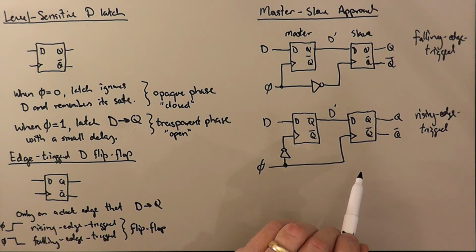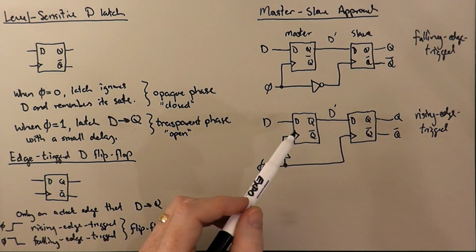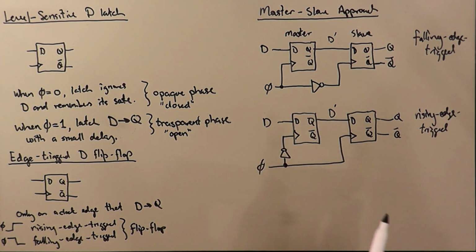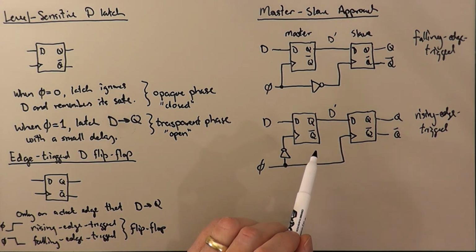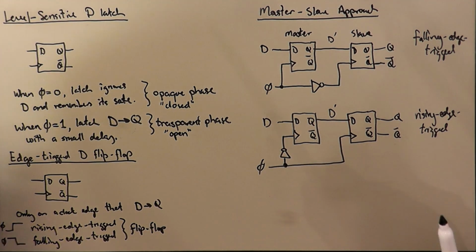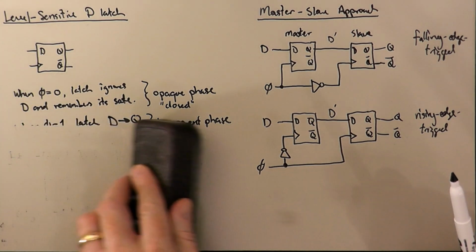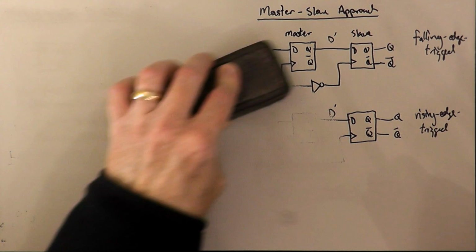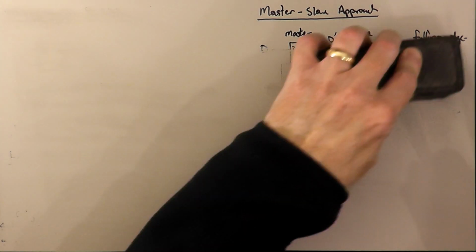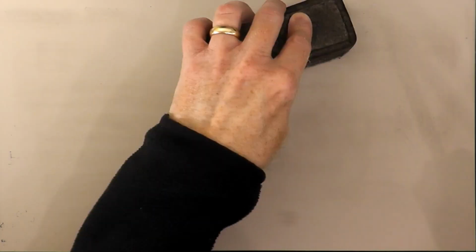Now, it's also possible to do other things. For instance, we can take our transparent latch that we talked about last time that had the cross-coupled NOR gate with the extra transistors in it for the clock.